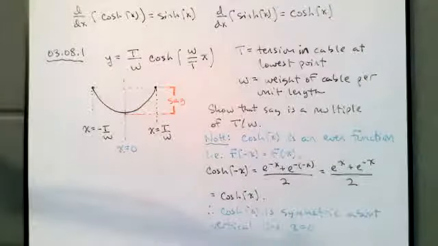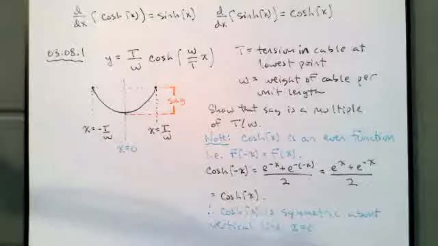What that tells us is that the value of the function at t over w is the same as the value of the function at negative t over w, which is good because that's the way I drew it. So all we need to know is the value of the function at t over w and the value of the function at 0. The difference between those two will be the sag.